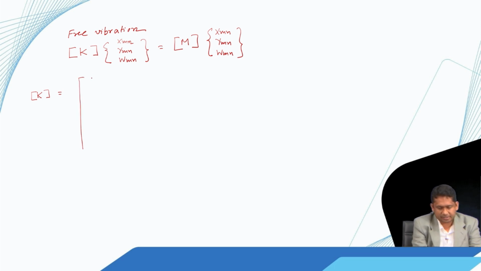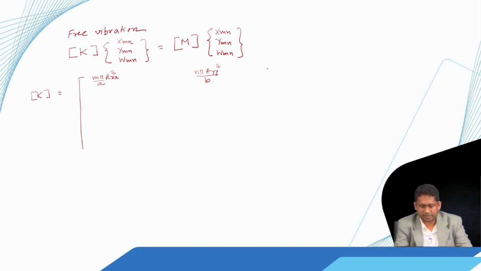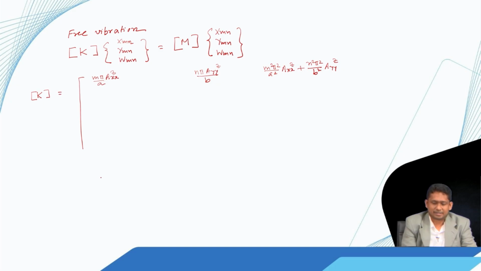The first row is m pi by a axxz, then n pi by a ayyz by b, and here we have m square pi square by a square axxz plus n square pi square by b square ayyz. This is the first row.